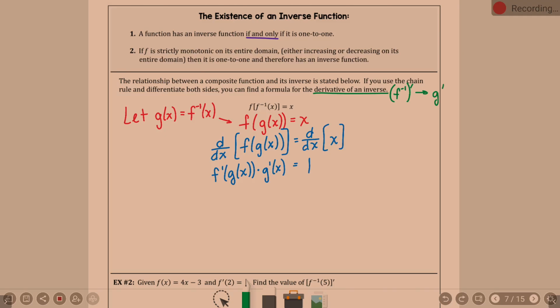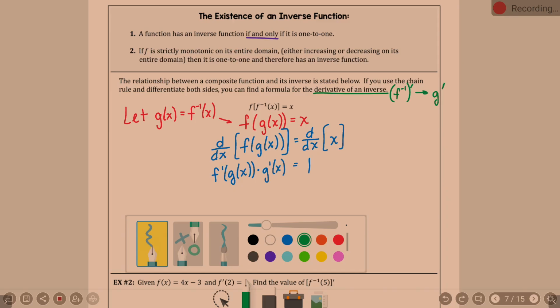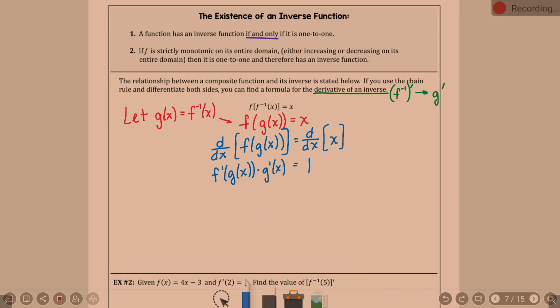So I'm trying to find g prime. So we're going to solve this equation for g prime. How do I solve for g prime? Divide by that other junk. So g prime of x is equal to 1 over f prime of g of x. Okay?